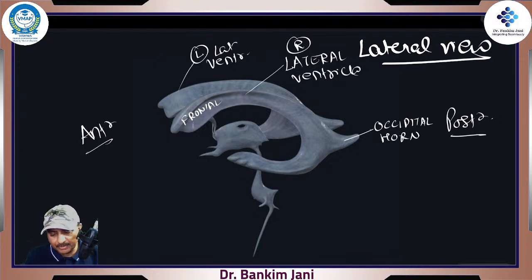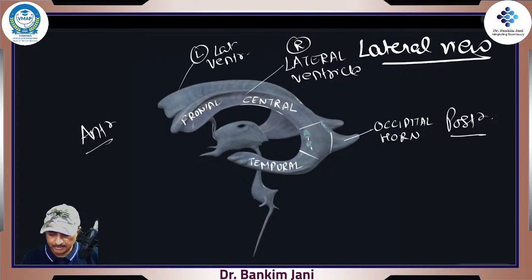Then very rightly, this one would be the central part. And this one would be the temporal. It's very easy. As per the bones, the names are there: frontal, occipital, and temporal. This central one is called the central. Remember this particular area? That area is called the atria, or the atrium.